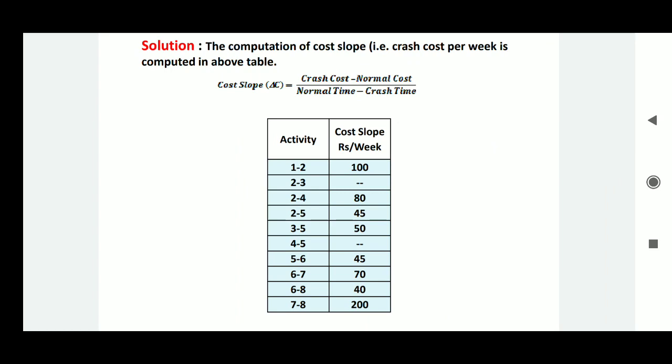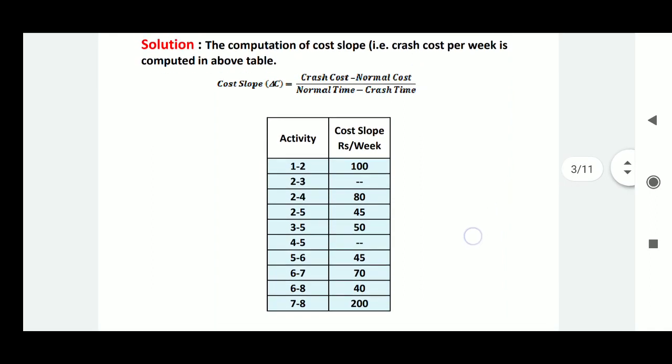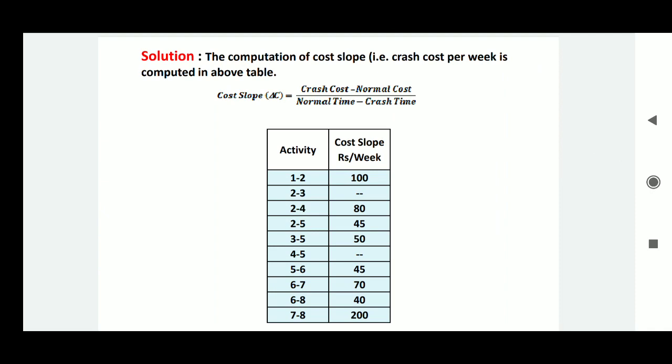For activity 1 2, the cost slope is 100, means if you crash activity 1 2 by 1 week, it will cost rupees 100 per week. Similarly, if we crash activity 2 5 for 1 week, it will cost us rupees 45 per week. That is the cost slope, which is very helpful for crashing the network.